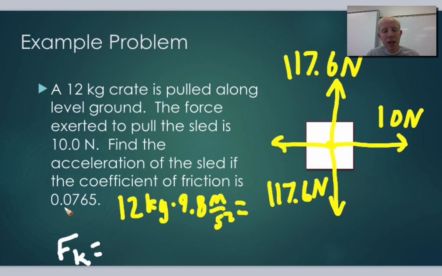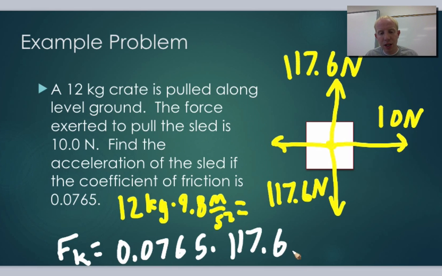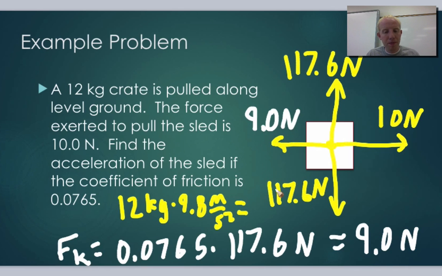So F sub k equals the coefficient of friction, which is 0.0765, times the normal force, which is 117.6 newtons. Putting that in our calculator, 0.0765 times 117.6, you should get that that is basically 9.0 newtons after it's rounded. So we have 9.0 newtons going this way.